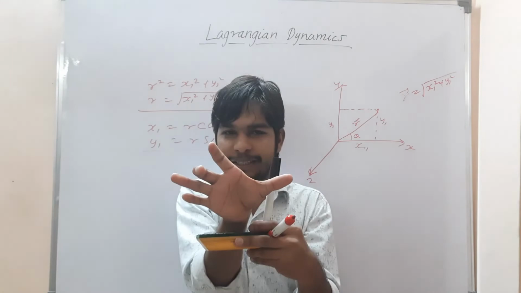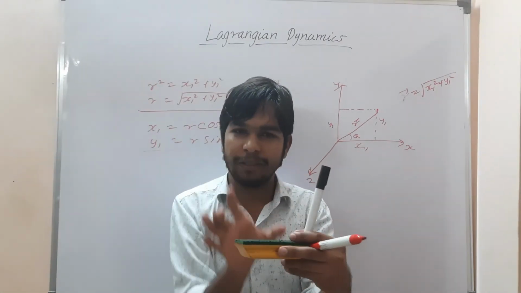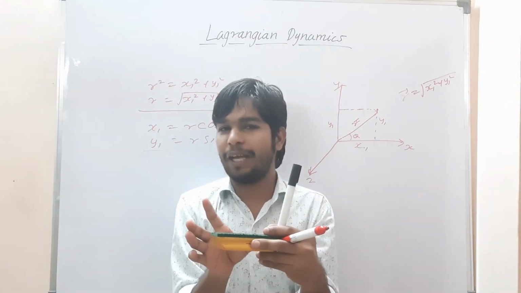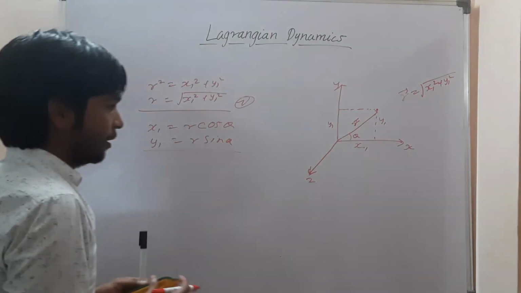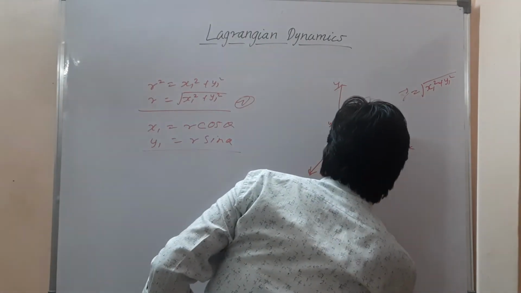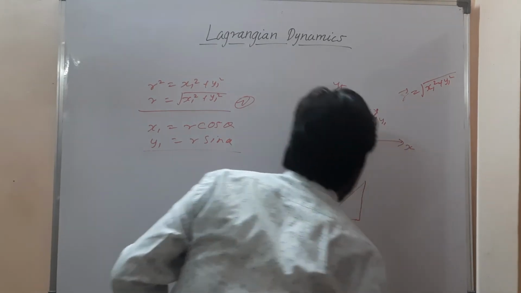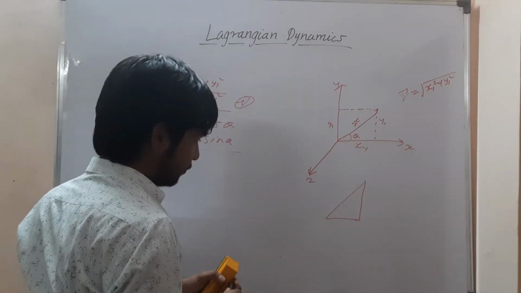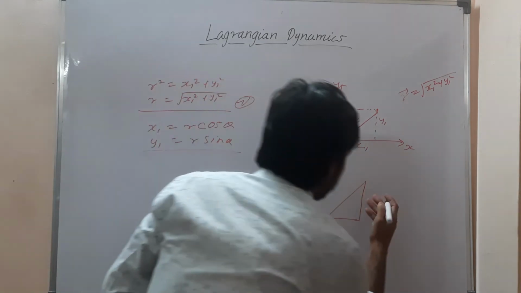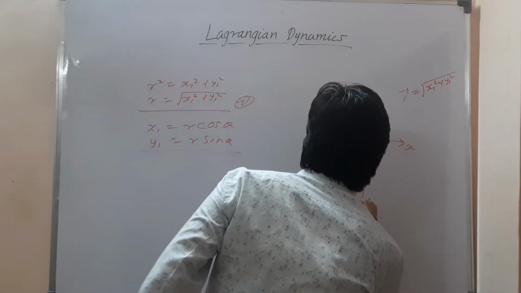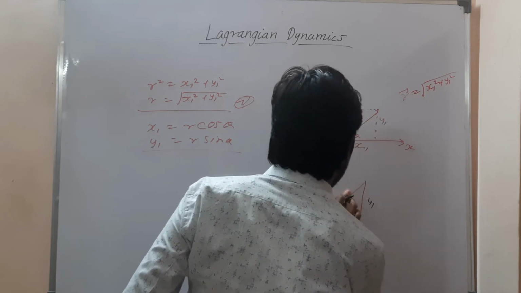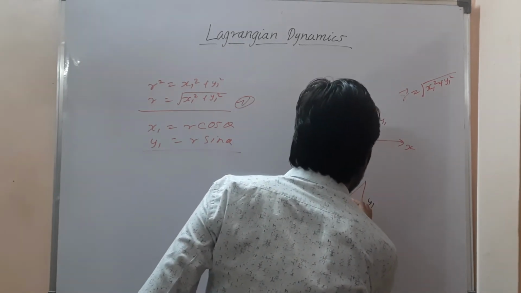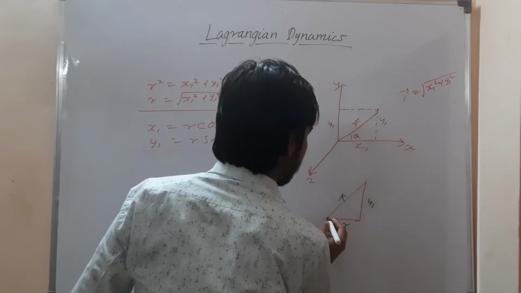This other distance I am considering as z1. So we can make this y1, this is r, and this is k, bigger, and this is r.